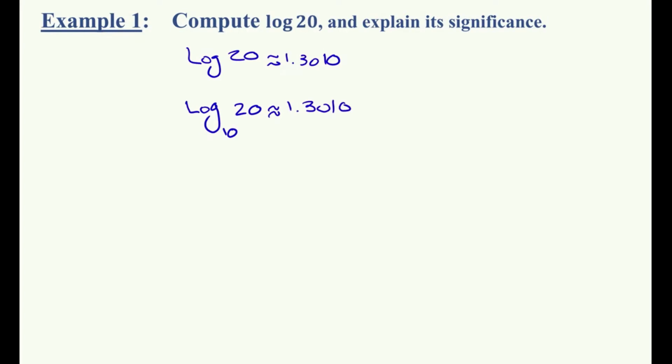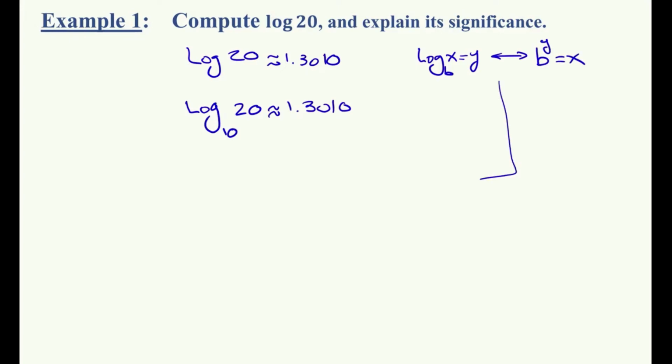Now, we know the relationship between logarithmic equations and exponential ones. We know that log base b of x equals y is the same thing as saying b to the y equals x.